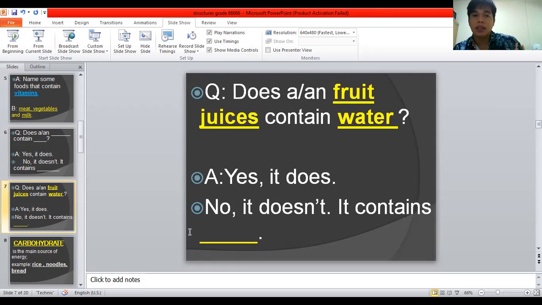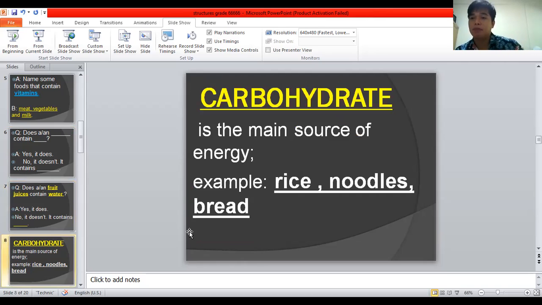I will say, does a fruit juice contain water? And you're going to answer, yes, it does, or no, it doesn't. It contains blank. Now let's proceed to our six types of nutrition.